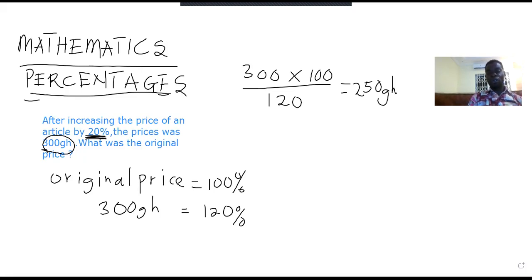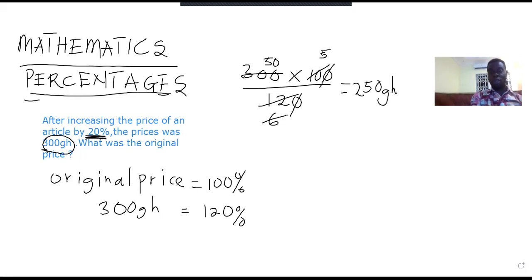Good. Let's do a simplification. So 0, we'll cancel 0 here. And then we're going to have 2 times 5, and then 2 times 6. Then 6 times 50 will give us 300.